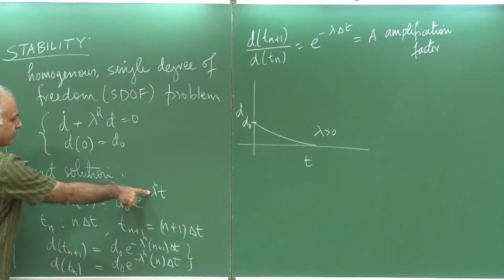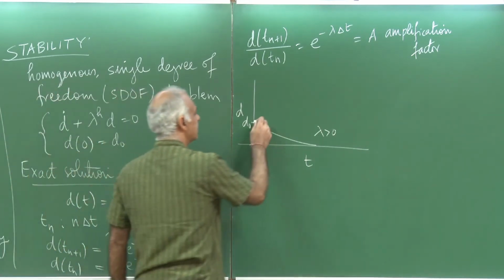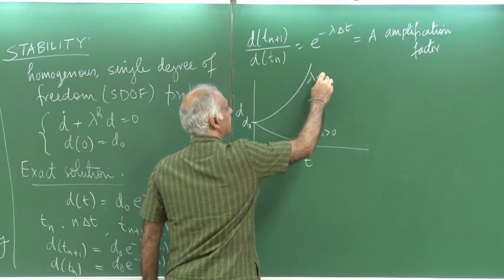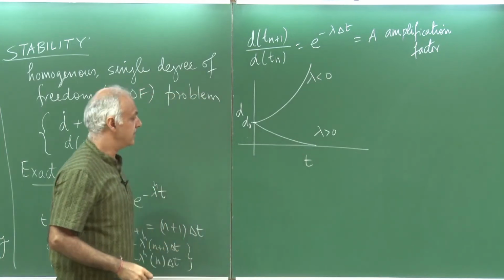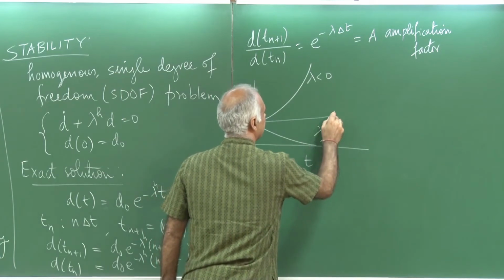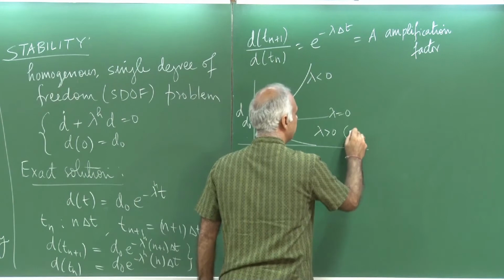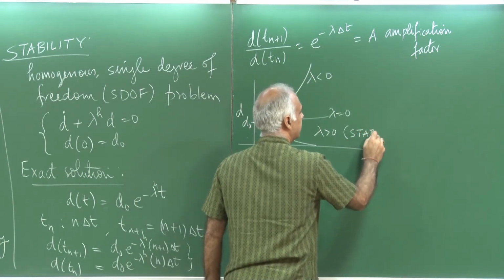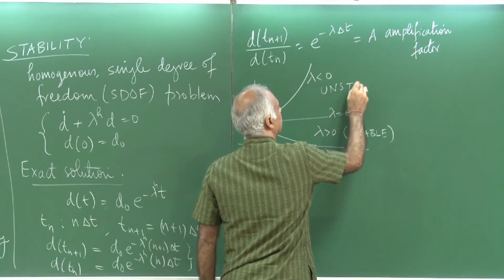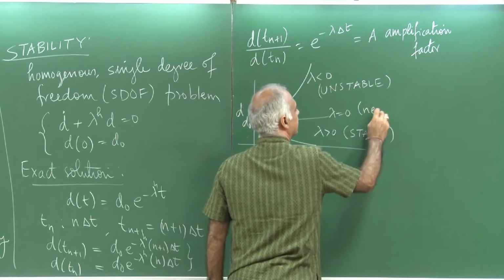So, for negative values of lambda, there would be an exponential growth. So, perhaps we are looking at a situation like this. This is lambda less than 0, and if lambda is 0, then of course we have neutrally stable. Let me write that down for you. This is stable, this is unstable, and this is neutrally stable.